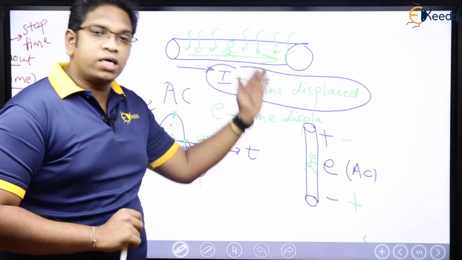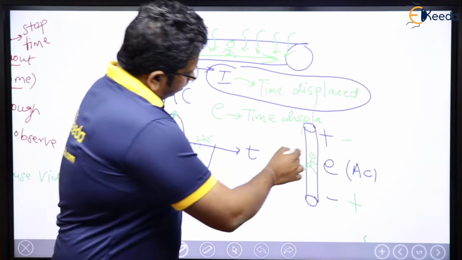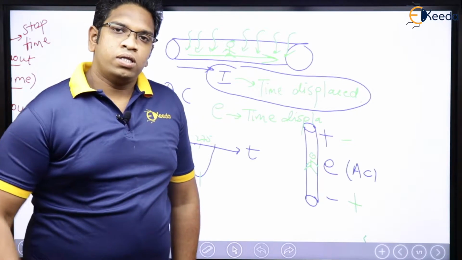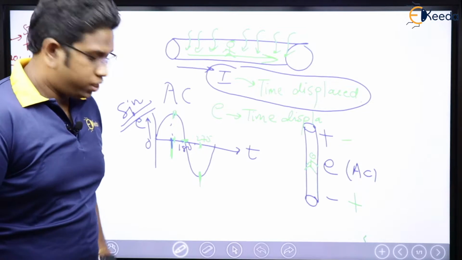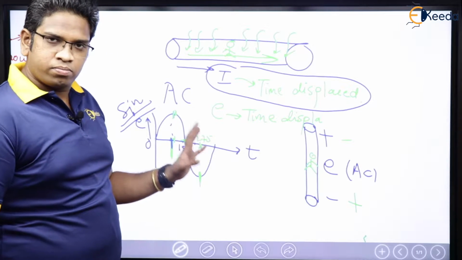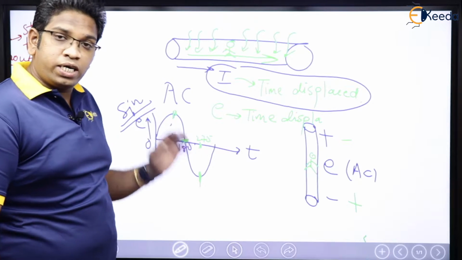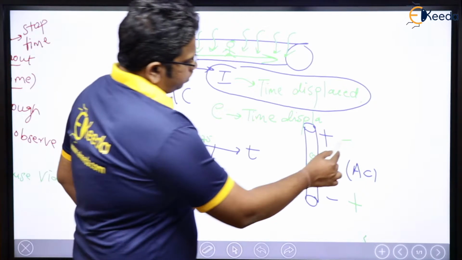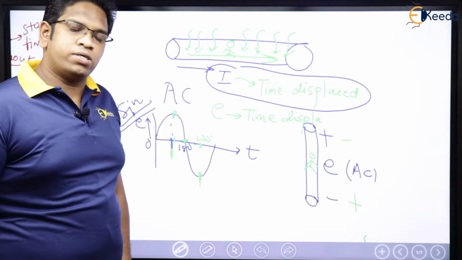The moment I travel through the conductor, what do I observe? I observe that everywhere it is 0. The moment I stop my video here, the moment I stop the voltage at this point, which means voltage is now at negative maximum, minus plus, polarity will get changed, right?